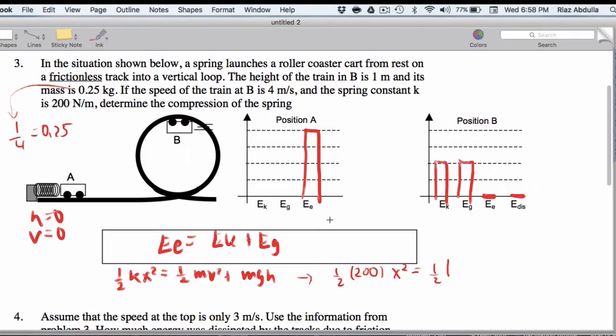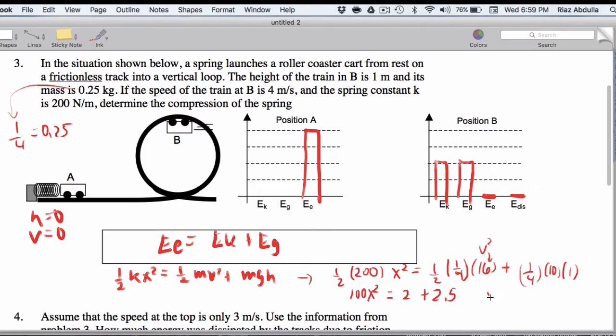So I'll write 1/4 there for m, times v squared, which is 16, plus 1/4 times 10 times the height, which is 1. Continuing on here, 100x squared equals 2 plus 2.5.